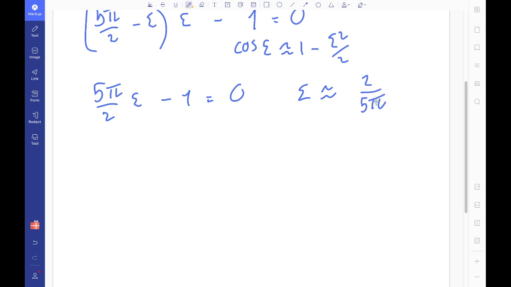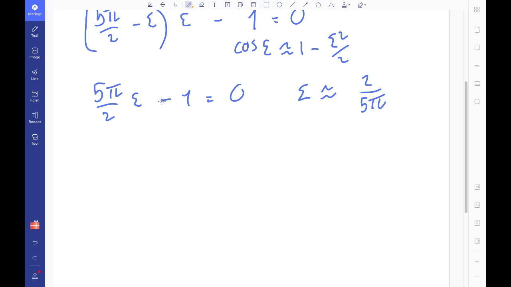All right, so that's one way of finding epsilon, but what if we actually use the fact that cosine epsilon could be approximated to 1 minus epsilon squared over 2? Well then, we're saying that this epsilon squared is not too small to consider, and in fact we could actually solve this.